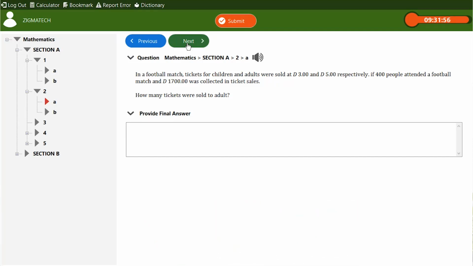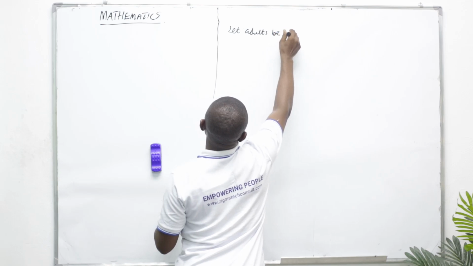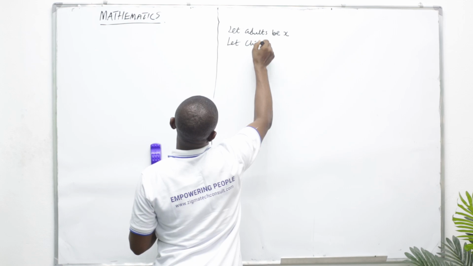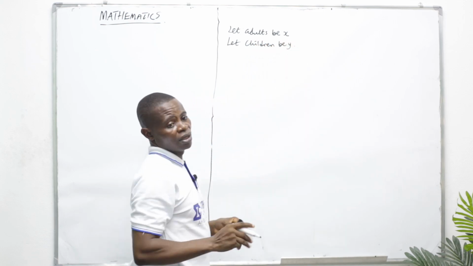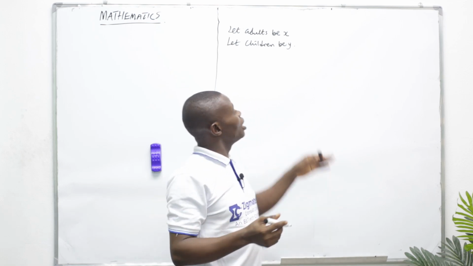We don't know the number of adults and children that were involved. So, linking human beings, let adults be S. Let children be Y.